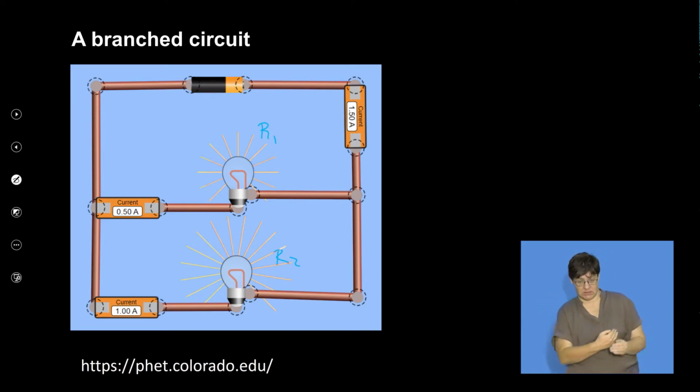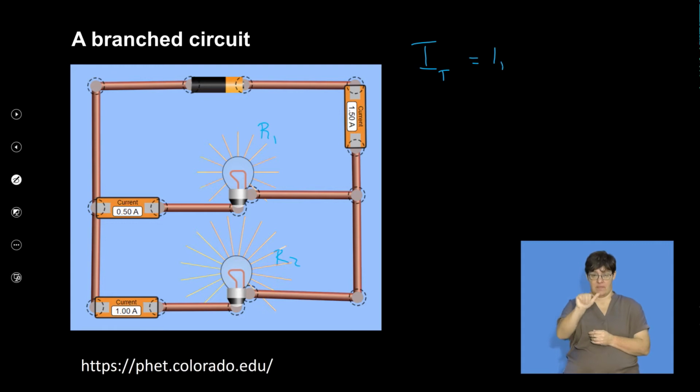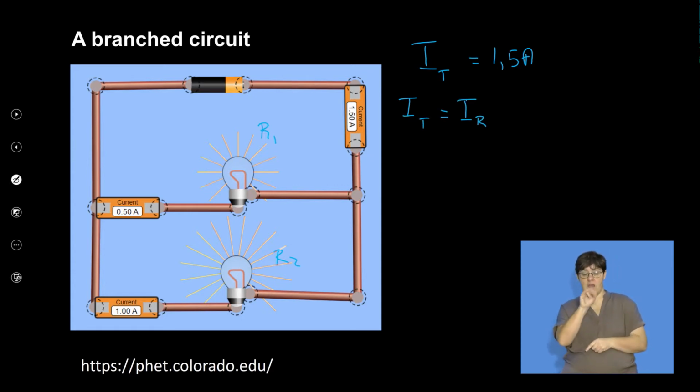Now, the total current in this circuit, which goes through the battery, is 1.5 amperes. So the 1.5 amperes is split between R1 and R2. The total current is equal to the current that goes through R1 plus the current through R2.